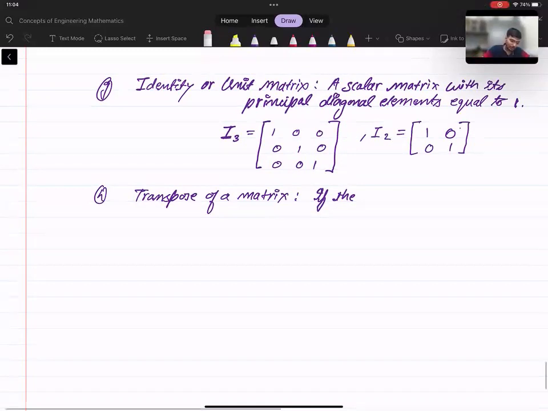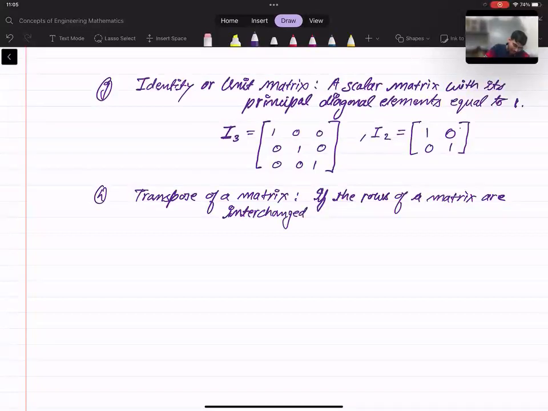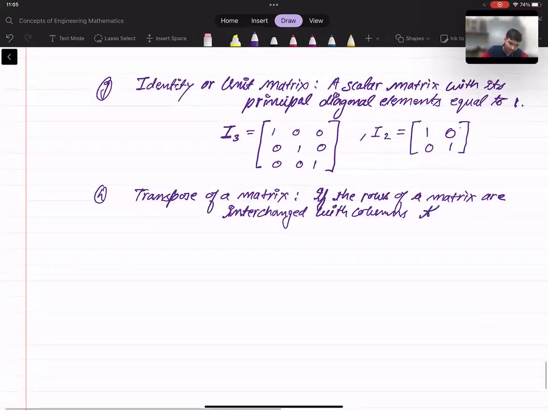So if the rows of a matrix are interchanged with columns, then the new matrix which is formed is known as the transpose of the given matrix.